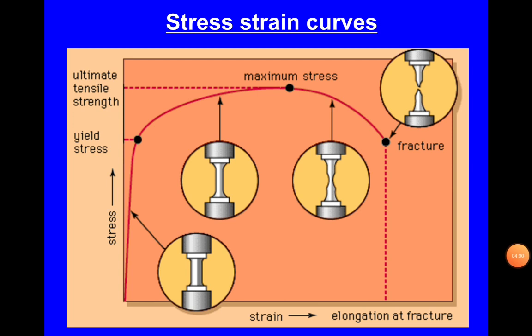Now, many companies want to know how different materials behave when you put them under stress. How do they behave? Are they stiff? Can they be elastic, going back to their original length? Now, let's look at the stress-strain curve. Just an introduction. On the vertical axis we have the stress, and on the horizontal we have the strain.